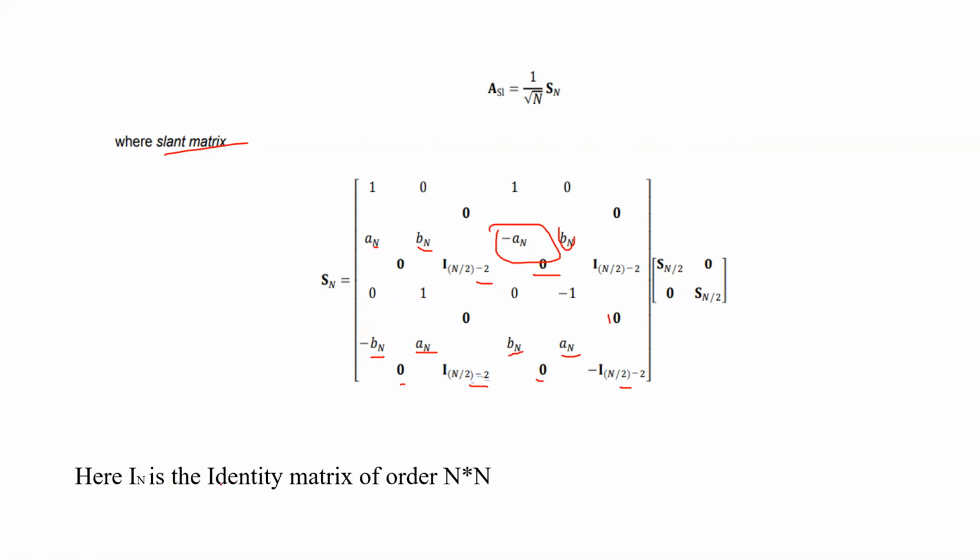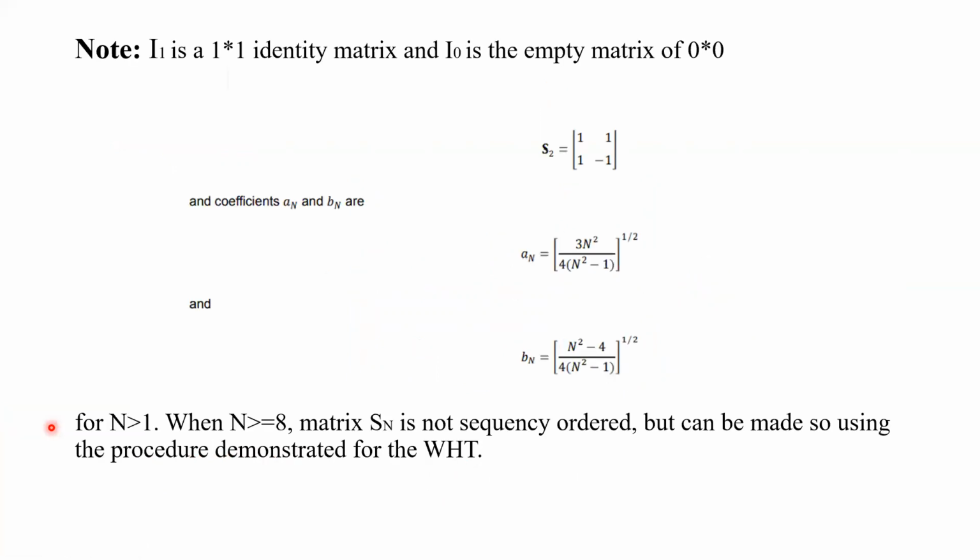Here In is the identity matrix of order n cross n, where I1 is the one cross one identity matrix and I0 is the empty matrix of 0 cross 0.